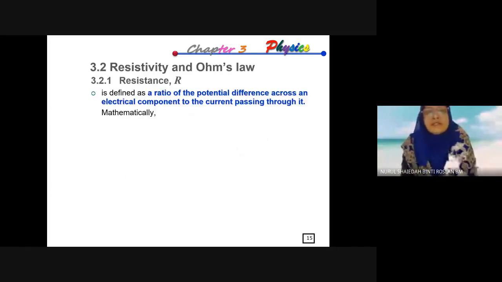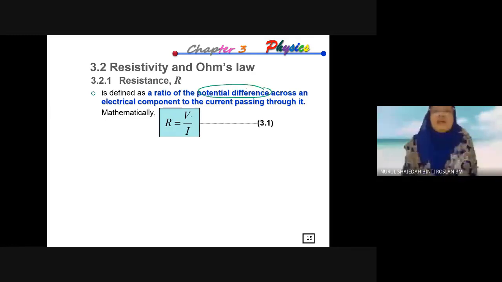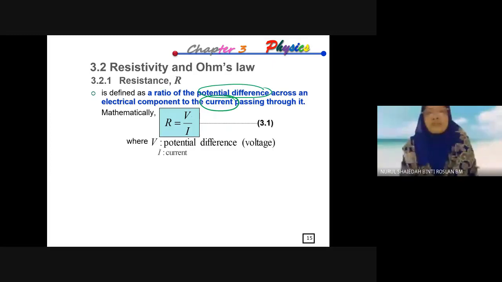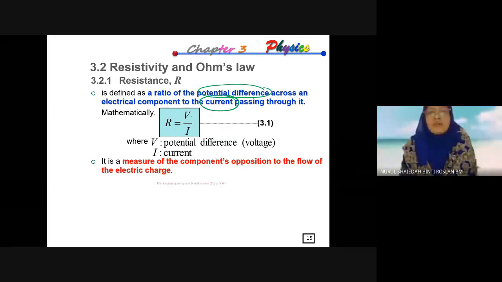Okay, what is resistance? Resistance is the ratio of the potential difference across an electric component to the current. So R equals V over I, where V is potential difference and I is current. It is a measure of the component's opposition to the flow of electric charge.